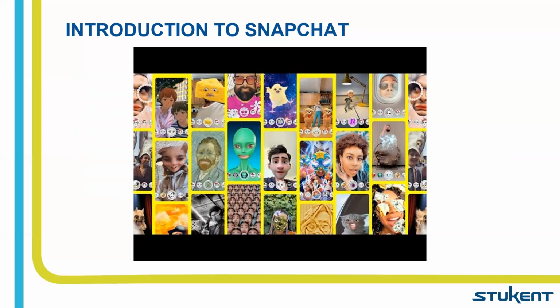Snapchat started in the early 2010s, and it was the first channel to bring about this sense of ephemeral marketing. That is that you could share some sort of content via social media and it would disappear within 24 hours.